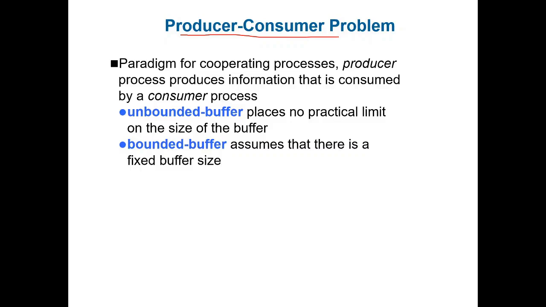So there must be synchronization between these two processes. When the producer produces, then only the consumer can consume. Before producing, the producer needs to check whether there is a space, whether there is an empty slot. If there is an empty slot, then only the producer can add data into it. And even the consumer, before taking out the data, should check whether there is a slot with data.